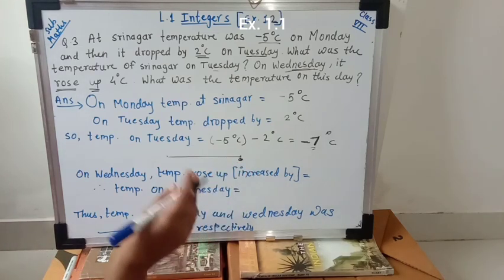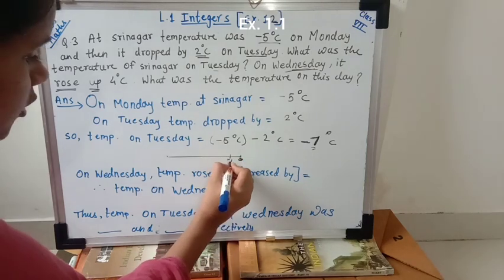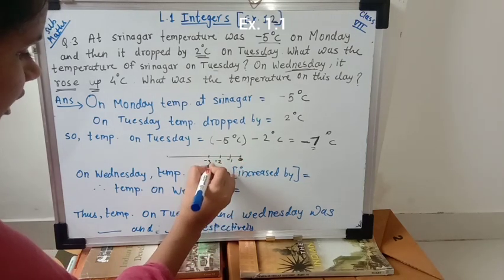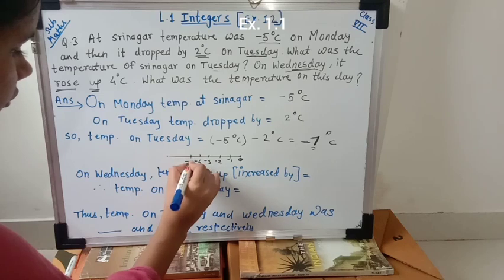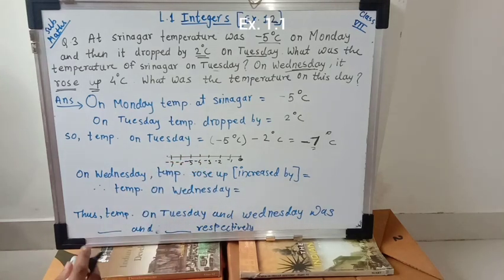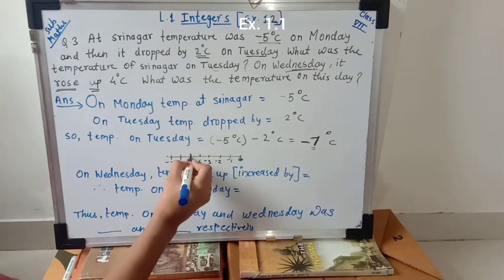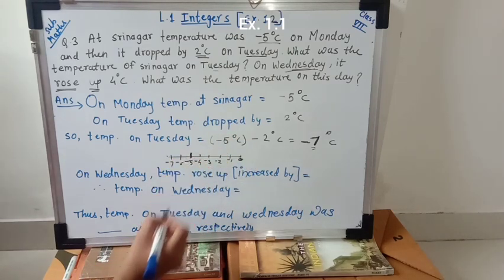On the left side of the 0, there are only negative numbers. So here minus 1, minus 2, minus 3, minus 4, minus 5, minus 6, and minus 7.